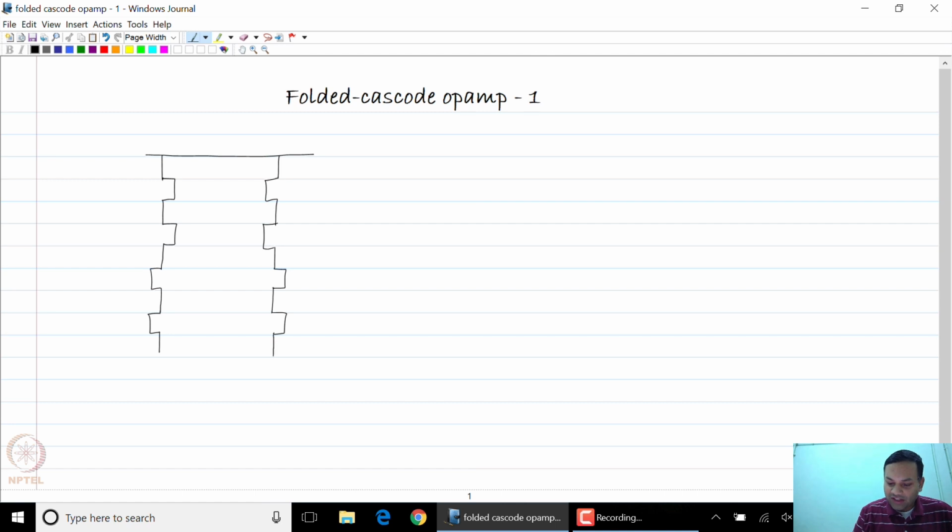So let us quickly draw the structure of the folded cascode op-amp that we have been seeing so far. I'll use the NMOS version for illustration.